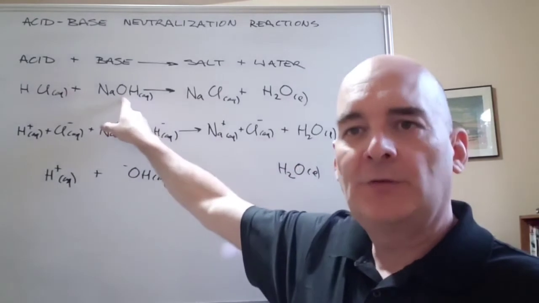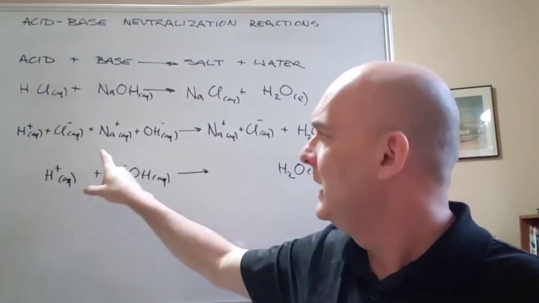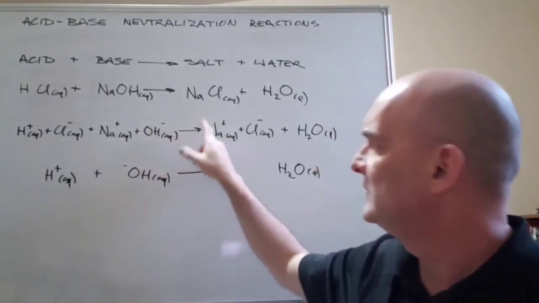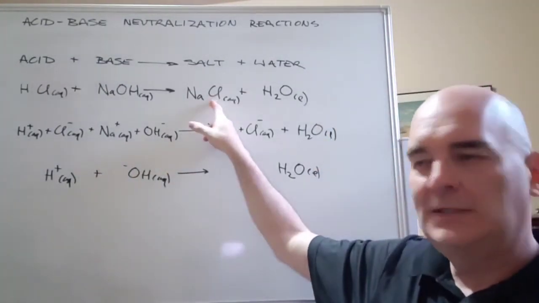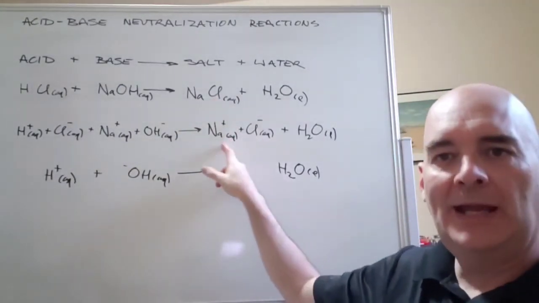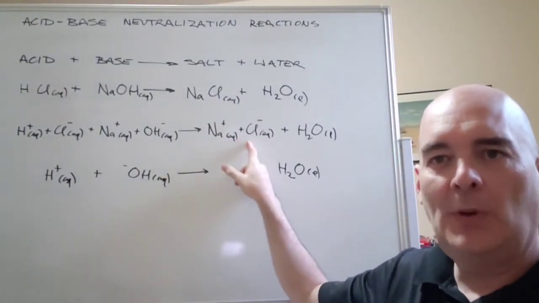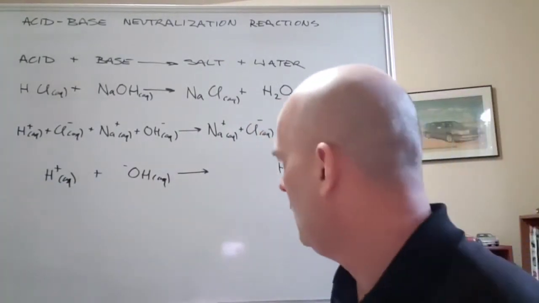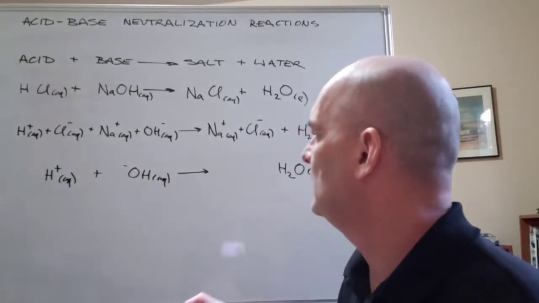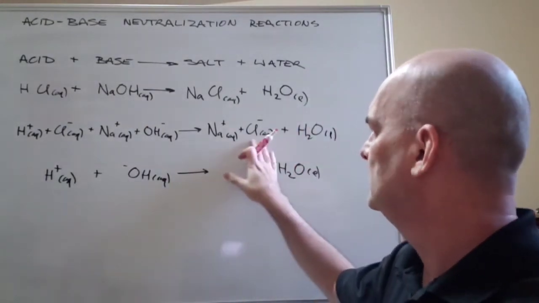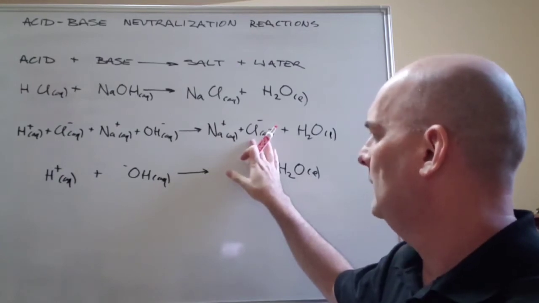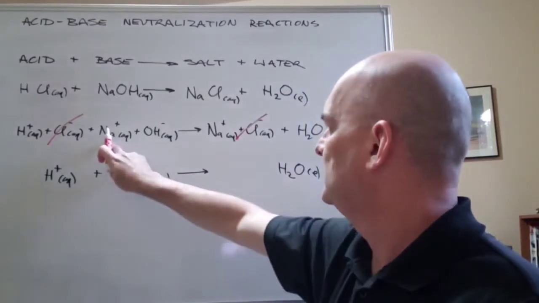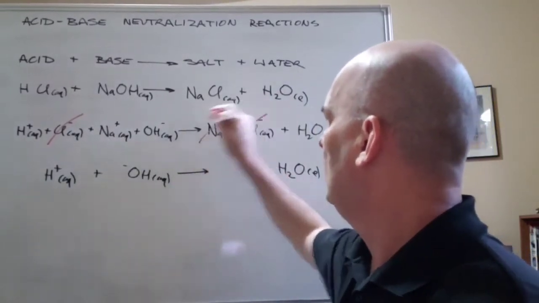The sodium hydroxide is a strong electrolyte and has separated into Na+ and OH-. The salt that I have generated is a strong electrolyte and has separated into its component ions, but water is a covalent molecule. And when I look to get rid of the spectator ions, I have a chloride here and a chloride there. They can go. And I have a sodium here and a sodium there.